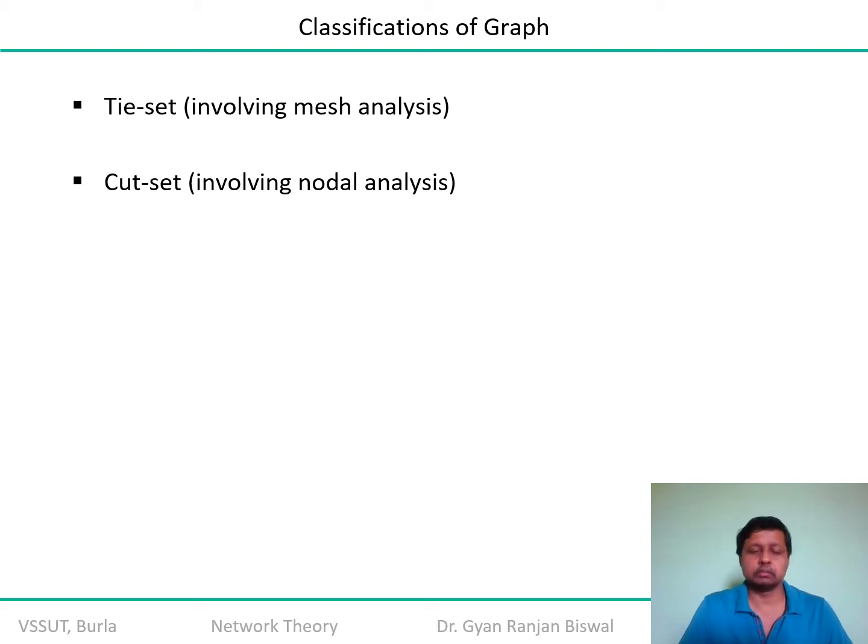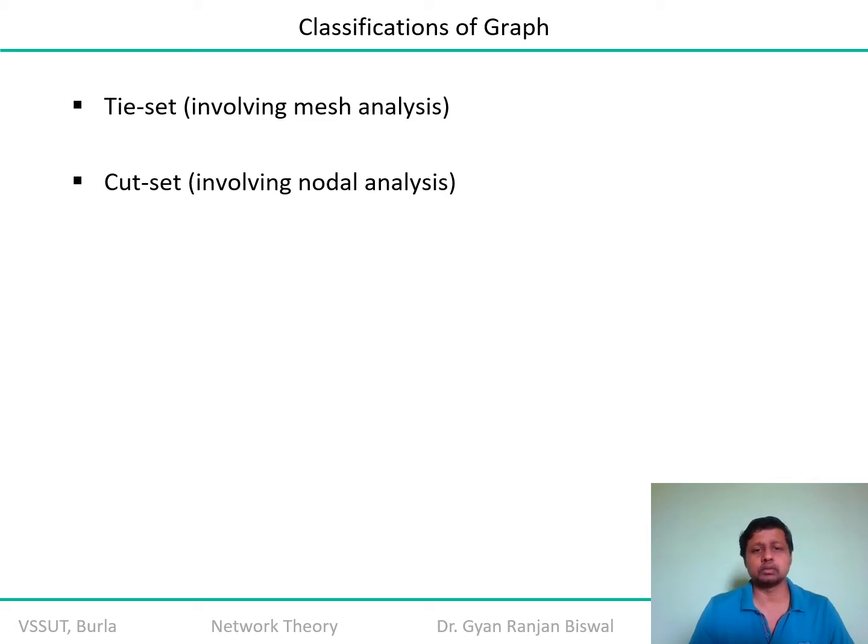From now onwards, whenever we involve mesh analysis in graph theory to simplify the equivalent electrical network, we talk about the tie set of the network. Whereas whenever you adopt the KCL approach, that is nodal analysis, to construct the equivalent graph or tree of the network, it is typically called the cut set method. Let us see one by one.